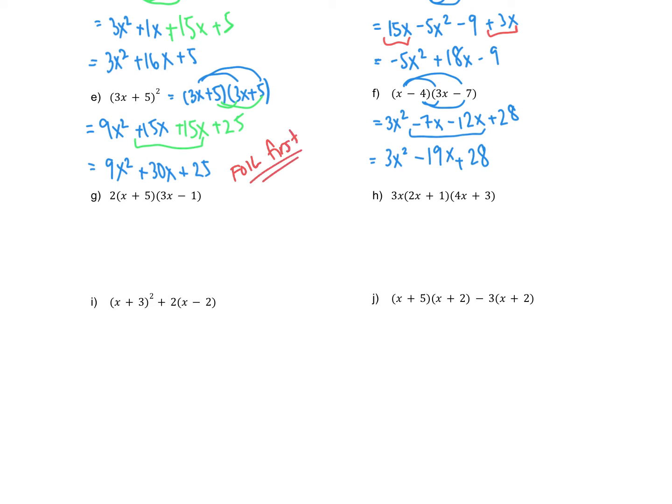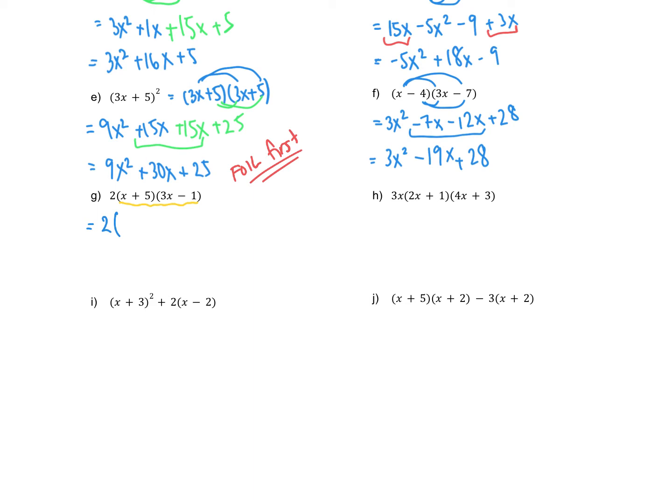Do the hard part, then deal with the little term at the beginning later. So I'm going to ignore the 2 for now. And I'm going to do my FOIL. So I'm going to deal with these brackets. And the reason I say that is because whenever people deal with the monomial first, so that 2, they kind of mess things up, or they make the brackets disappear, FOIL is never done, something goes wrong.